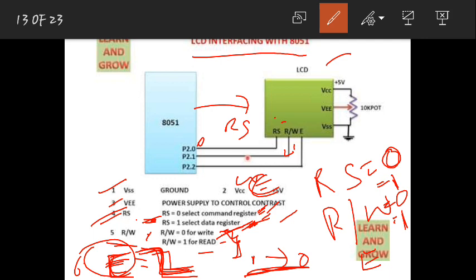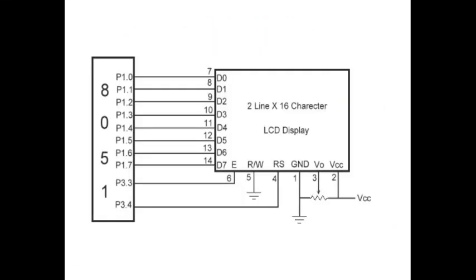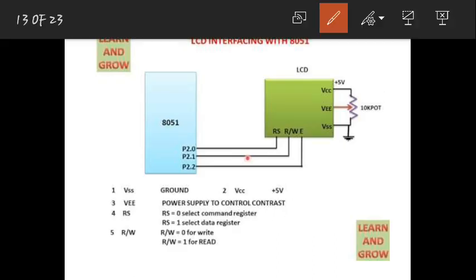That means now, if I want to make RS equal to 0, I want to write a command into the LCD, I want to send some command to the LCD. Then I should always clear this bit, the size of this is 1 bit.